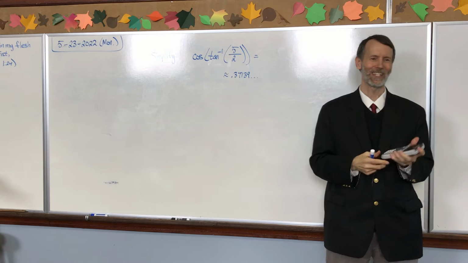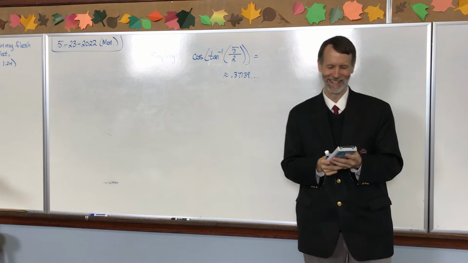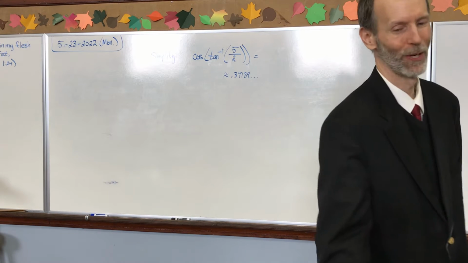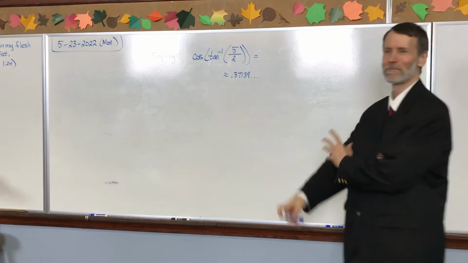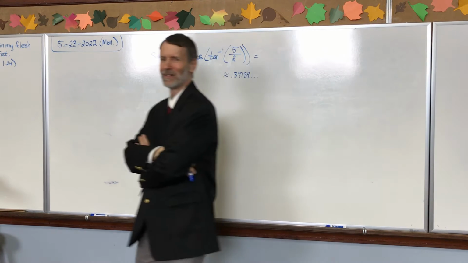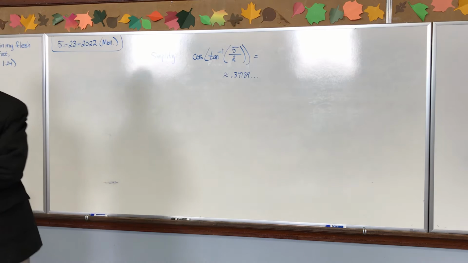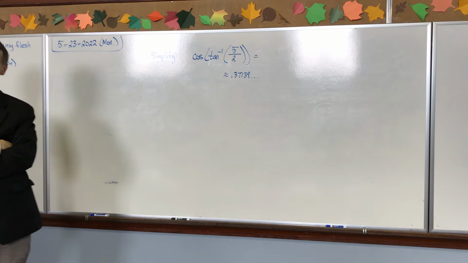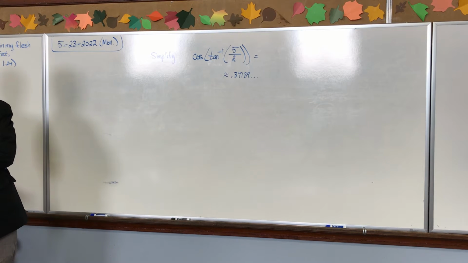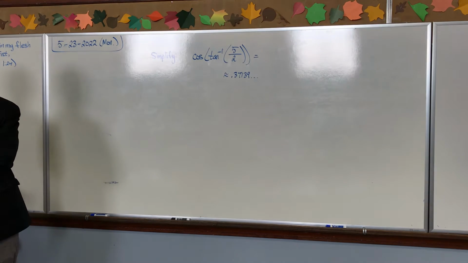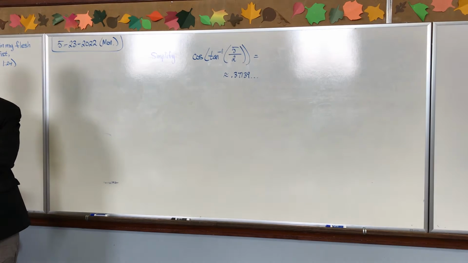What would I do on a test if it gave me that? I'd take off major points. Why? So give me the exact answer. How? Refresh my memory from last Friday.